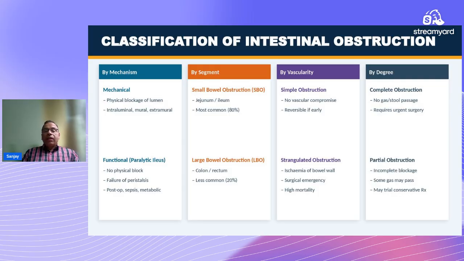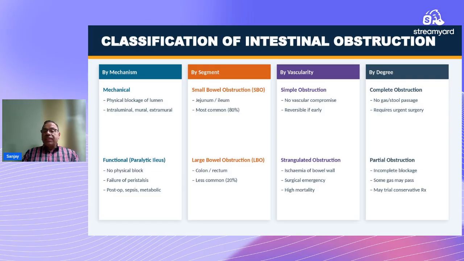And lastly, we can also classify intestinal obstruction based on degree of obstruction. That means how much of the lumen is obstructed, whether it is a complete obstruction where there is complete blockage of the intestinal lumen leading to failure of passage of the contents distally across the obstruction. So there would not be any passage of stools or even gas distally across the obstruction.